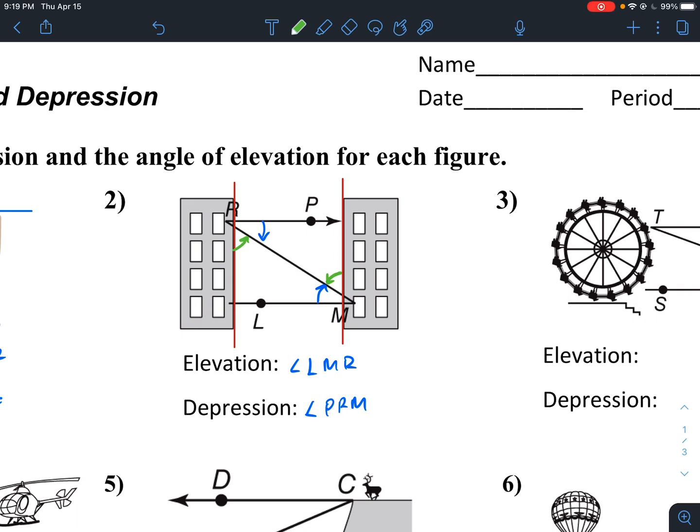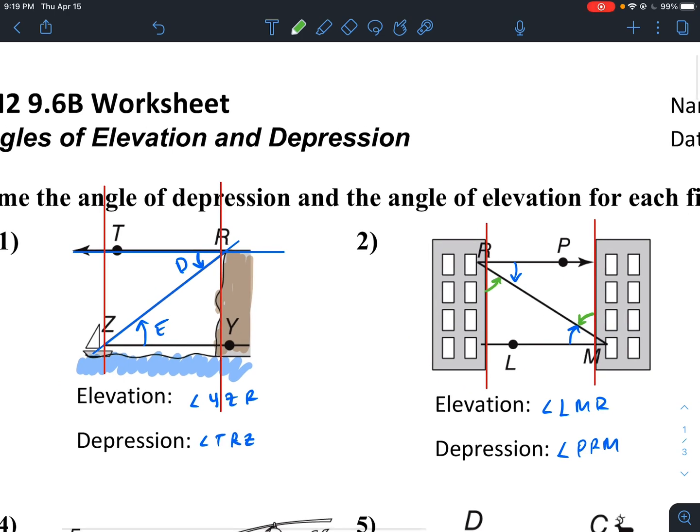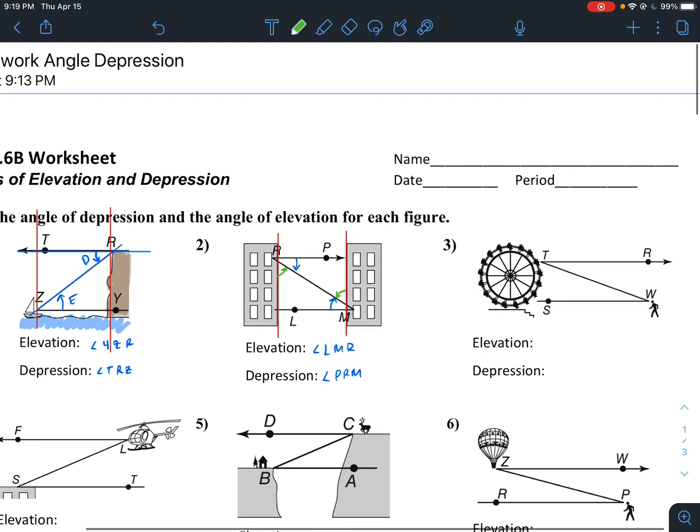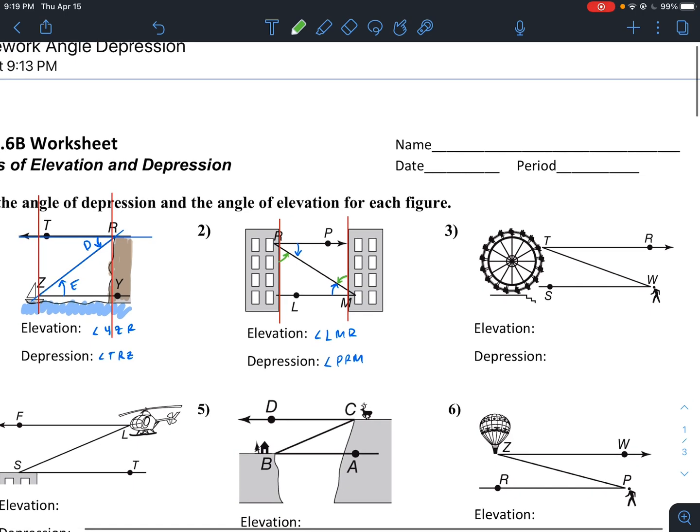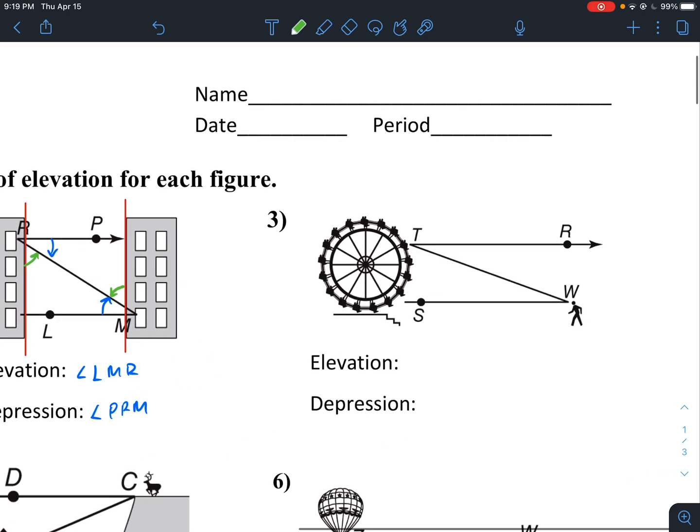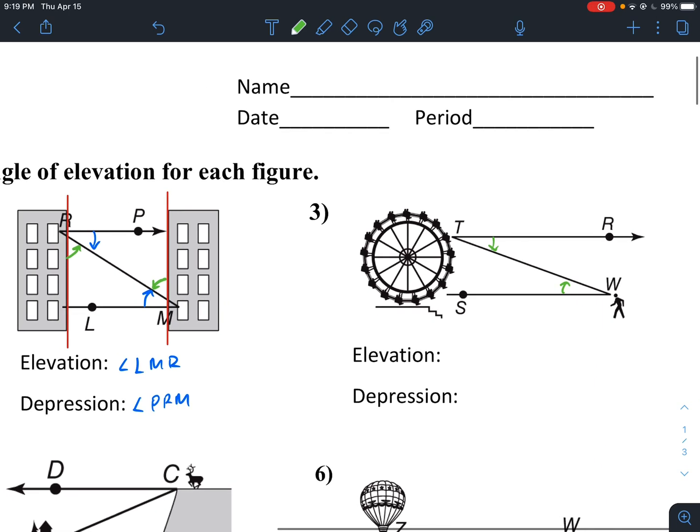So the angle of depression and angle of elevation will actually be the same, because they are congruent. They are congruent because of the parallel lines; these are alternate interior angles. So this angle of depression is the same thing as this angle of elevation.